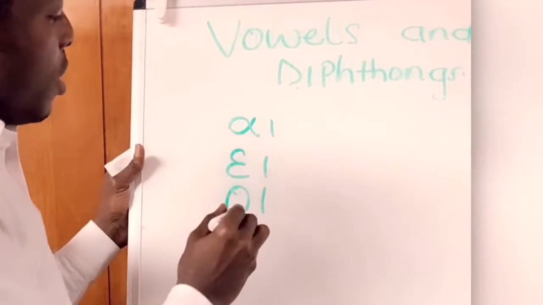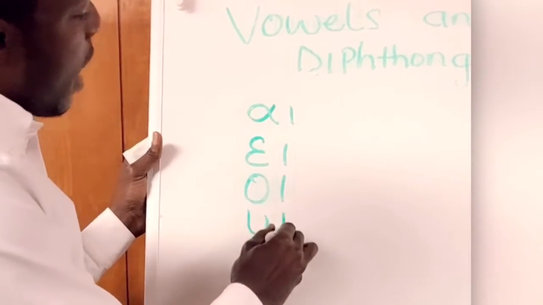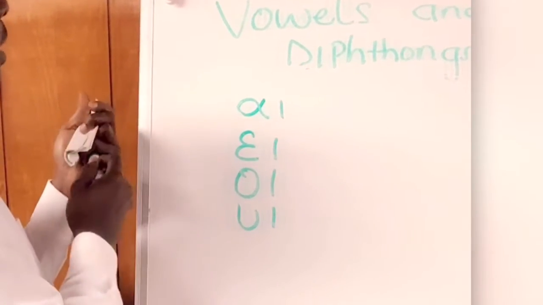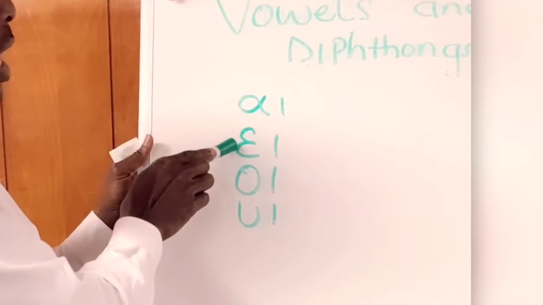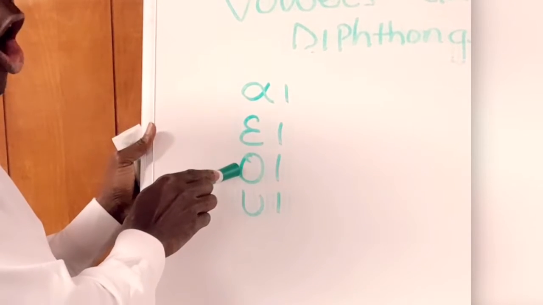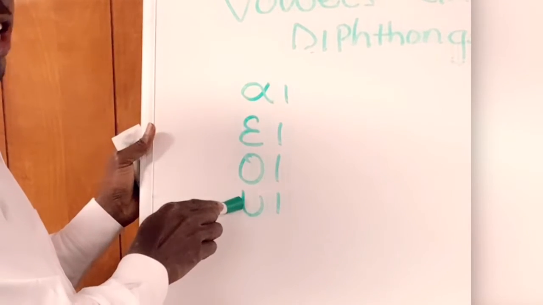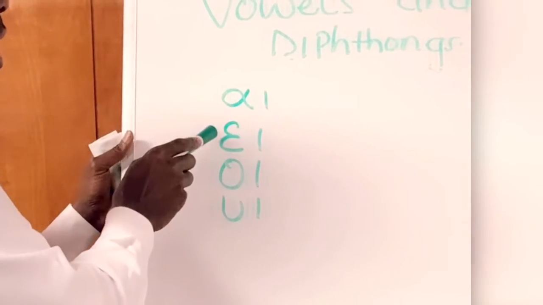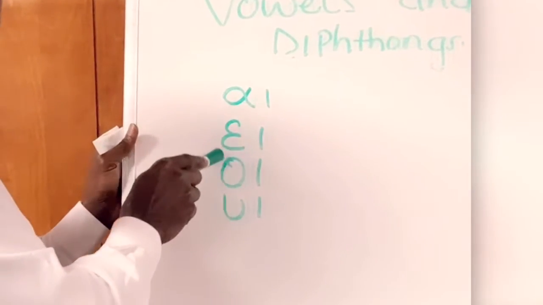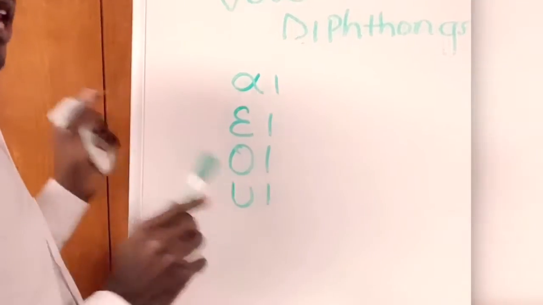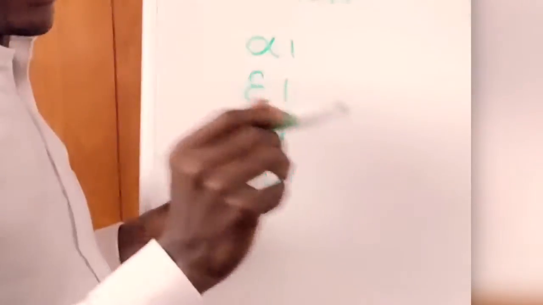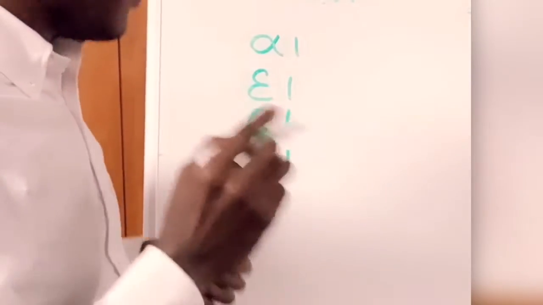We have upsilon, iota. So this is pronounced as ai, ei, oi, ui.